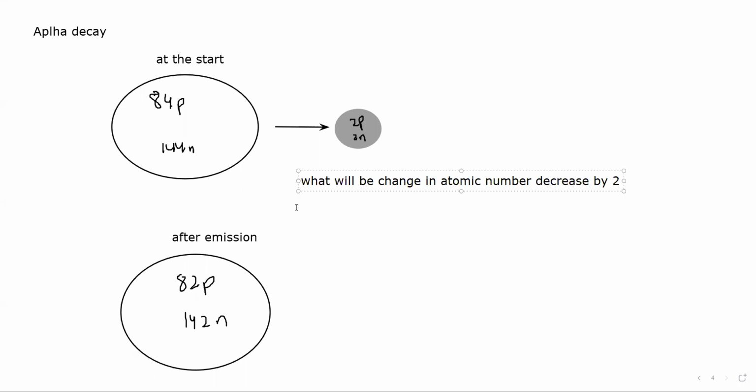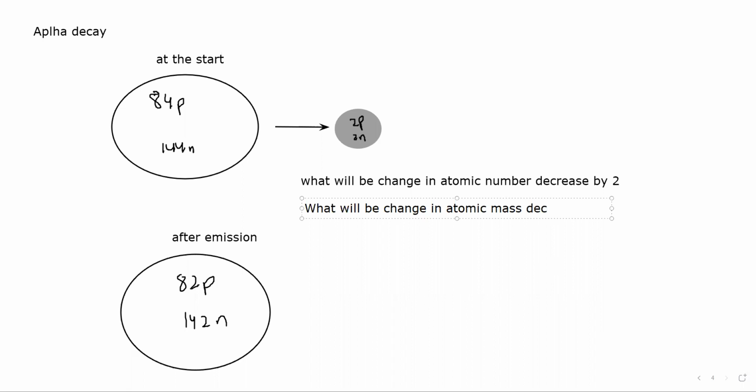And what happens to atomic mass? It will decrease. Atomic mass is the sum of neutrons and protons, the total number of protons and neutrons. So what will be the change in atomic mass? It will decrease by 4.